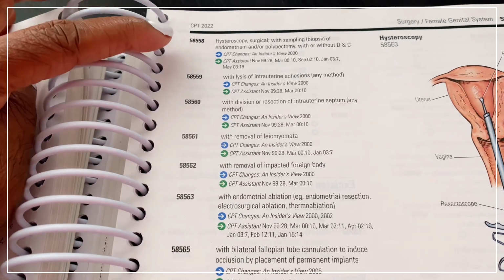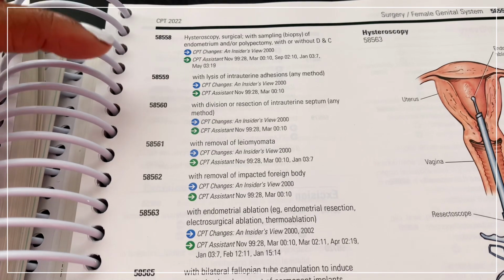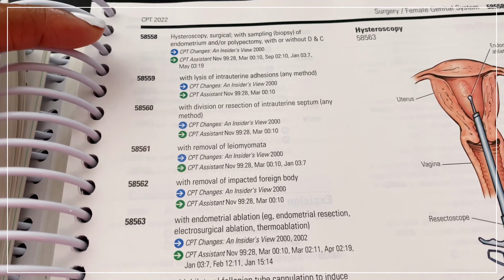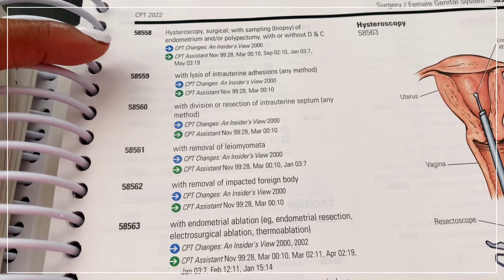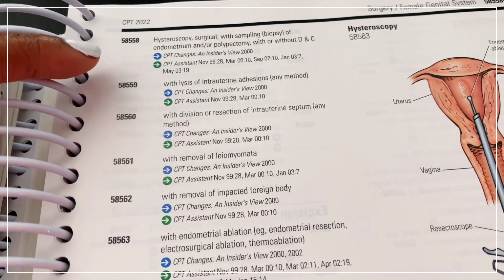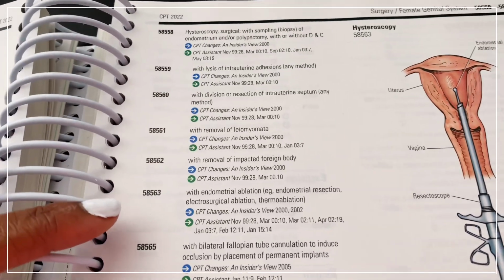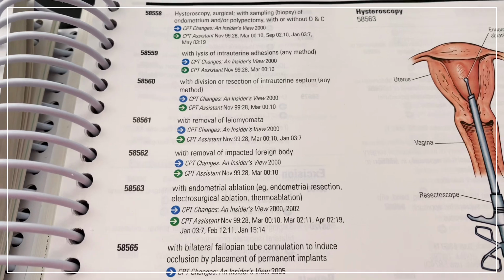So this is like the primary code, if you want to say that, but then these are codes that include the hysteroscopy and D&C. So if they're only doing a hysteroscopy and D&C only, or polypectomy, then you would just code this one only. But since we're doing this with an endometrial ablation, our code is 58563.